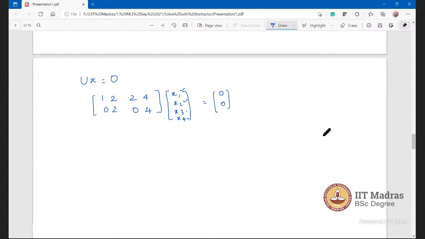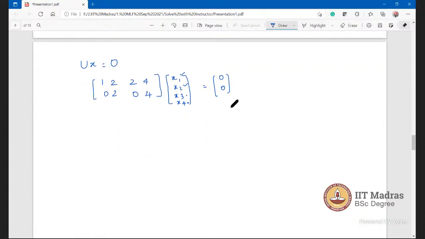So now we have to choose this x3 and x4. You can solve this equation by assuming the free variables as s and t, and then you can put values s equal to 1, t equal to 0. Alternatively you can simply have x3 equal to 1 and x4 equal to 0.